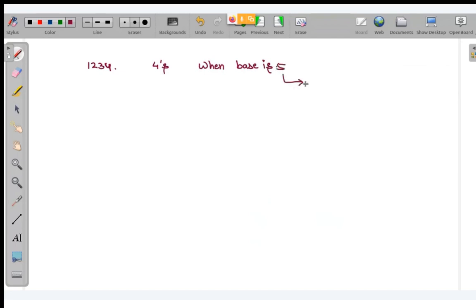So in base 5 you are going to have numbers from 0 to 4. You need to find four's complement: 4 4 4 4 minus 1 2 3 4, so subtract this, it will be 3 2 1 0. This is your four's complement when your base is 5.